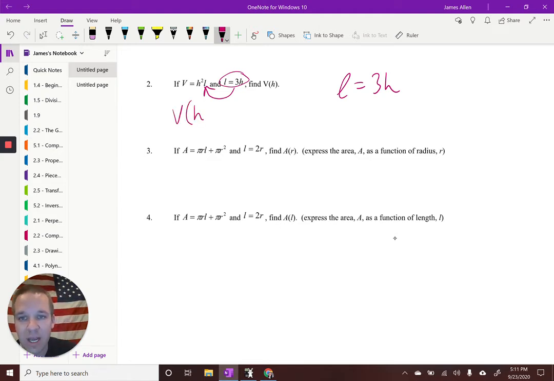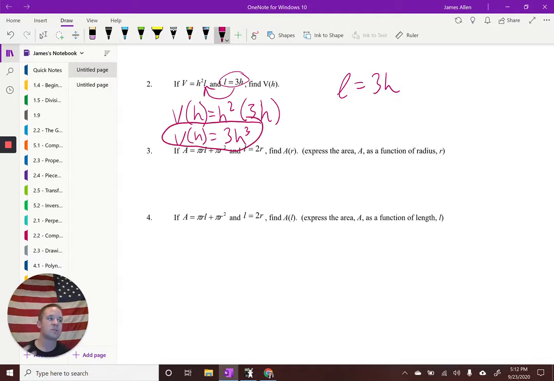V of h then equals h squared times, and I'm going to substitute in the 3h, and then I'm going to simplify. So I'd have 3h cubed. We get V of h. So that one wasn't too bad because it was already solved for the L there, right? Wonderful. Excellent. Let's keep it going here.